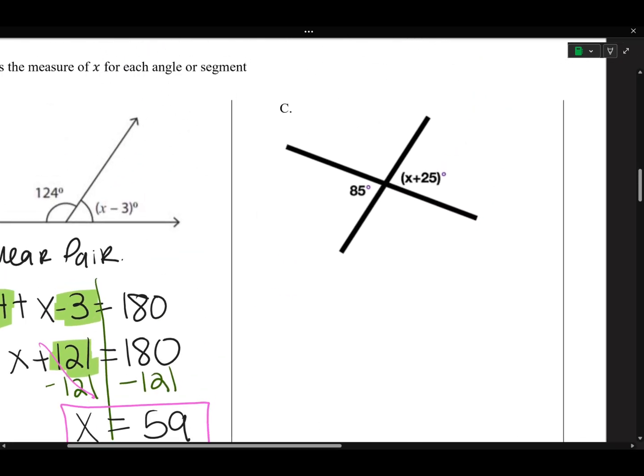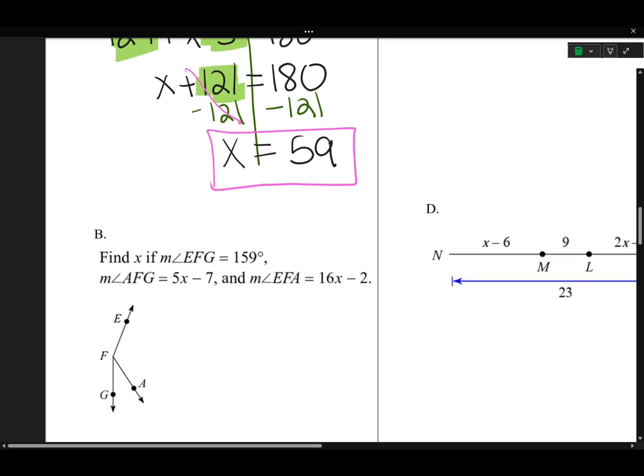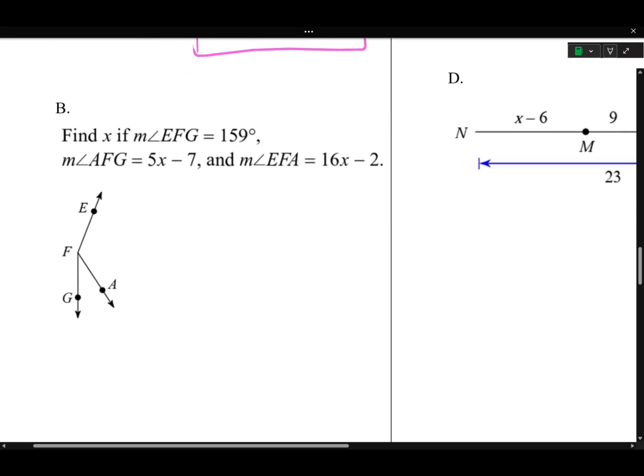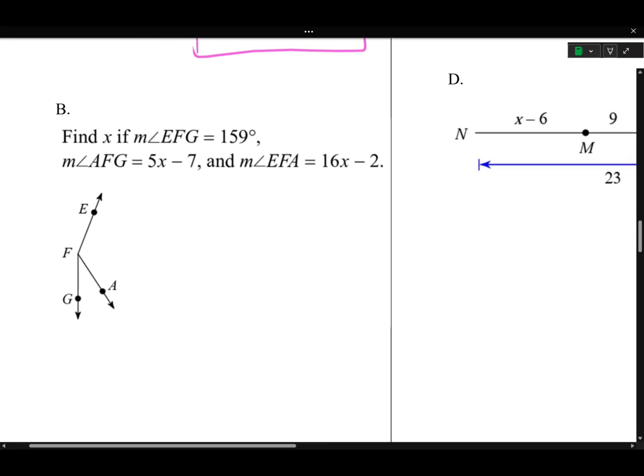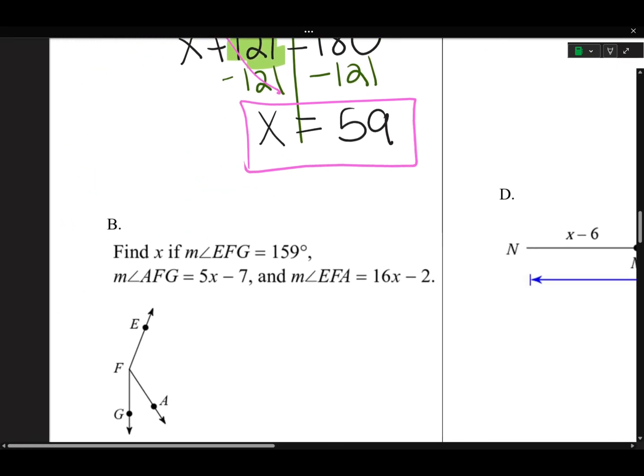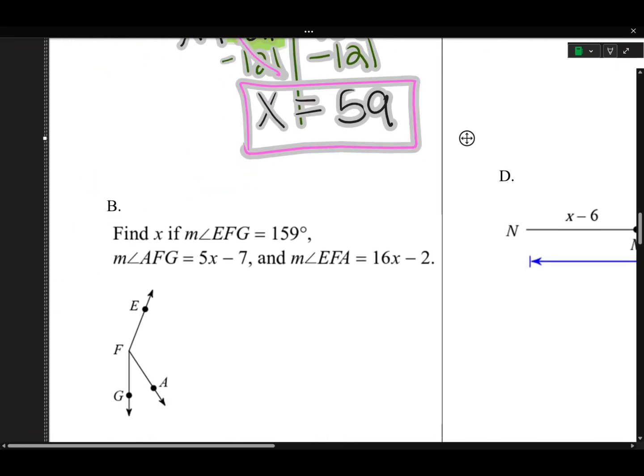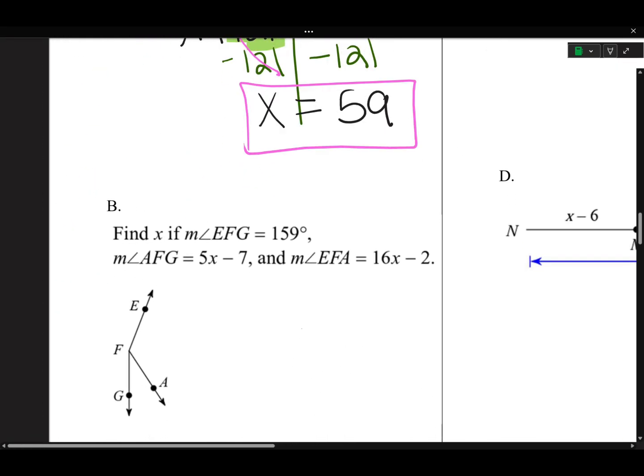Let's find x in letter B, going in order. If angle EFG is 159 degrees, I like to fill that in, so that's a 159. Oh, I read that wrong. Did you see me read that wrong?